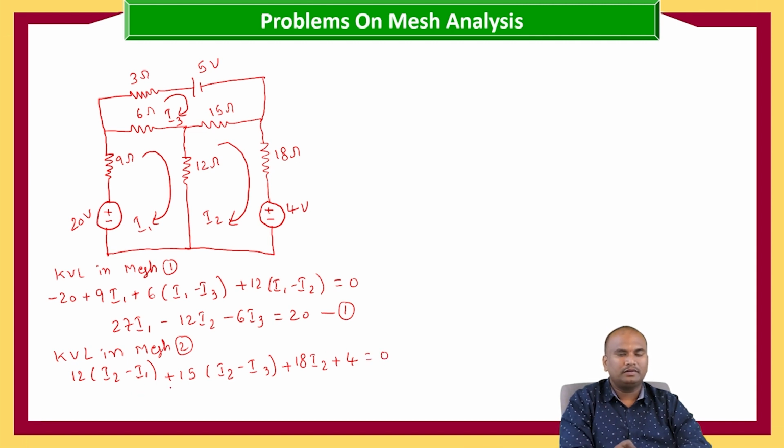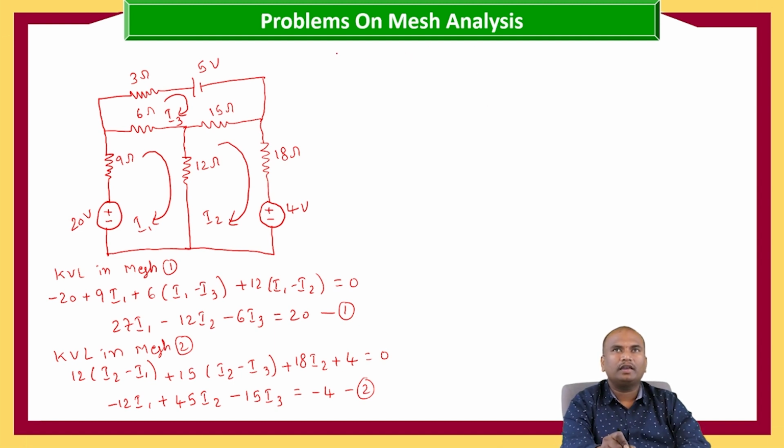That is minus 12 I1 plus 12 plus 15, 27 plus 18, 45 I2 minus 15 I3 equals to minus 4. This is our equation number 2.